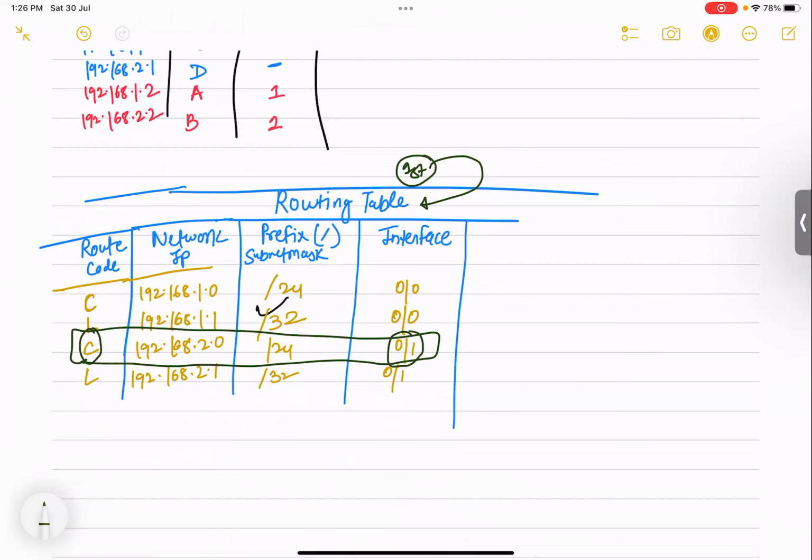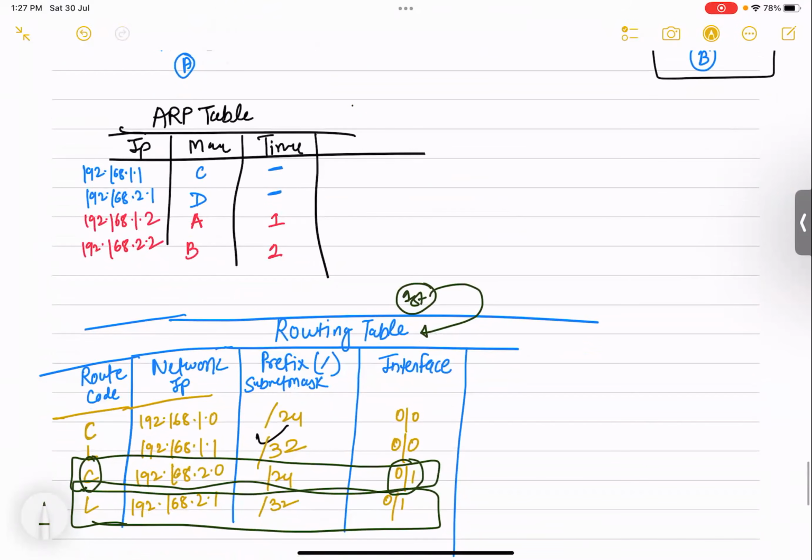Interface 0/1, which also has one more IP, the local interface IP, 2.1. And this interface IP's MAC is available in the second table, the ARP table.